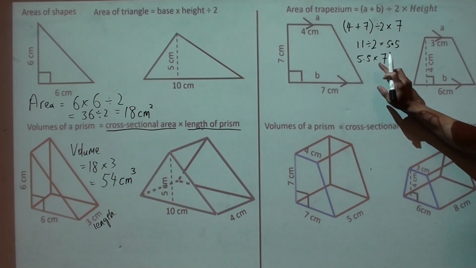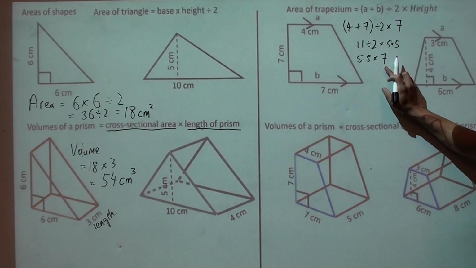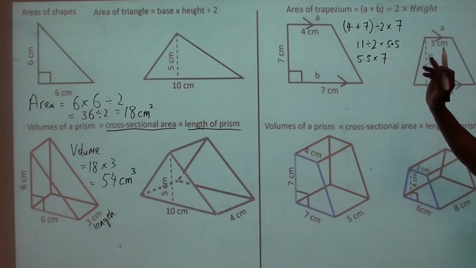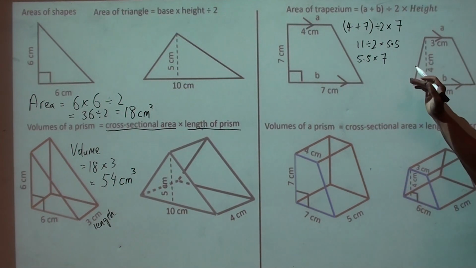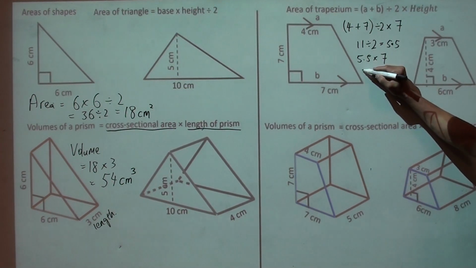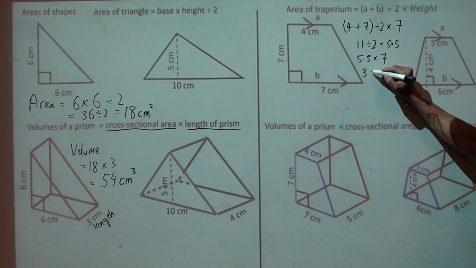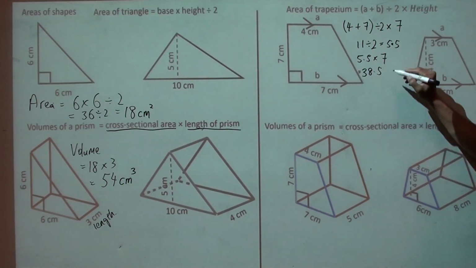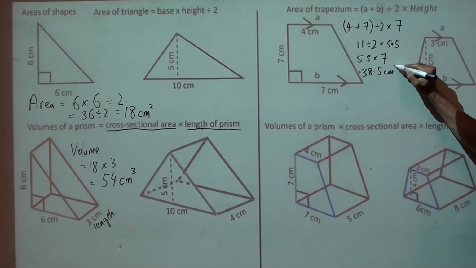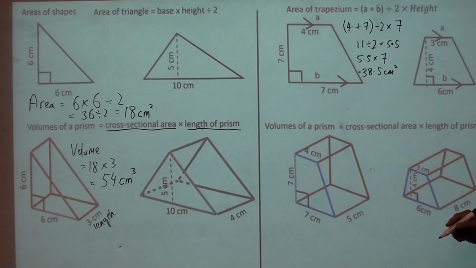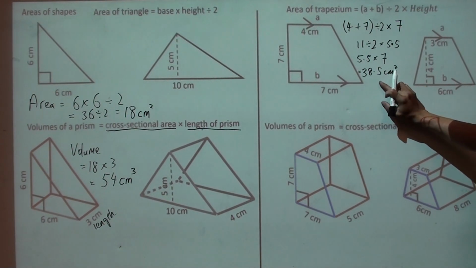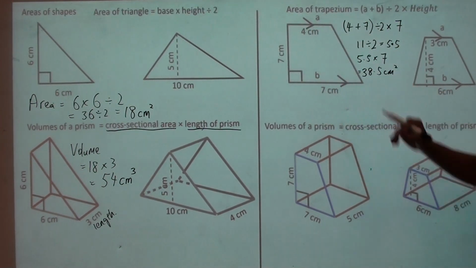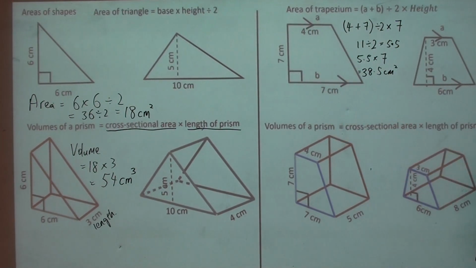As we know, 5 times 7 is 35. 0.5 times 7 is 3.5. So we have 35 plus 3.5. That gives us 38.5 centimeter squared, or 38.5 square centimeters. That's the area of your trapezium.